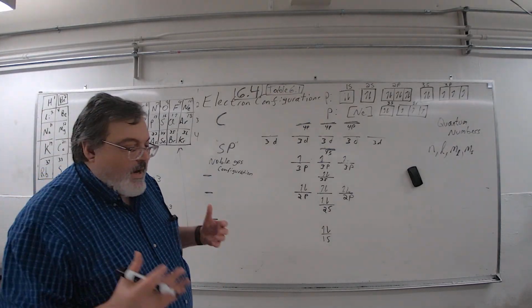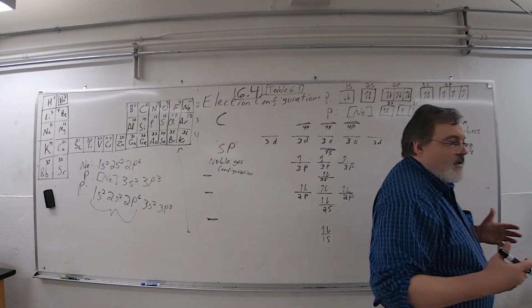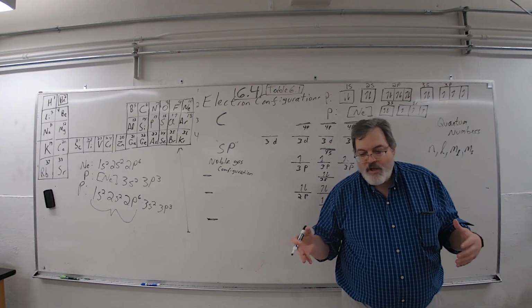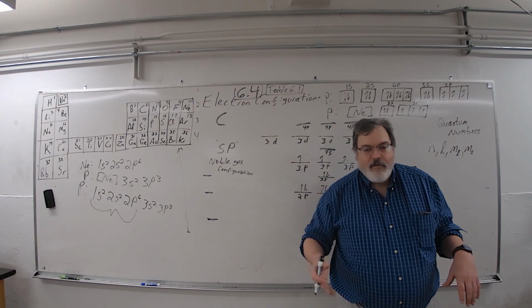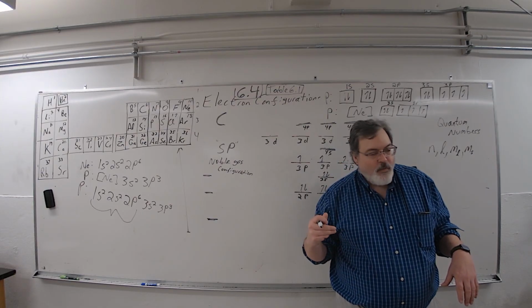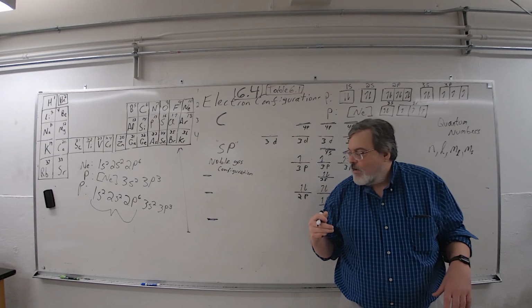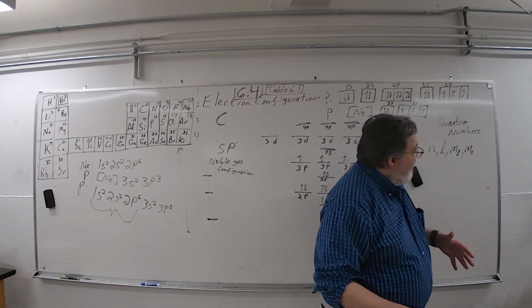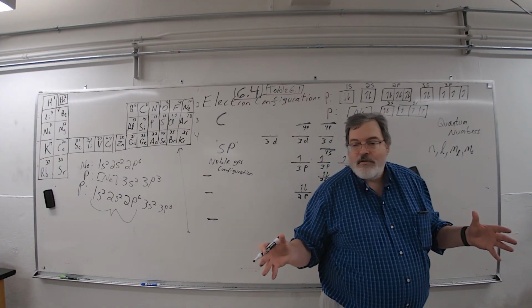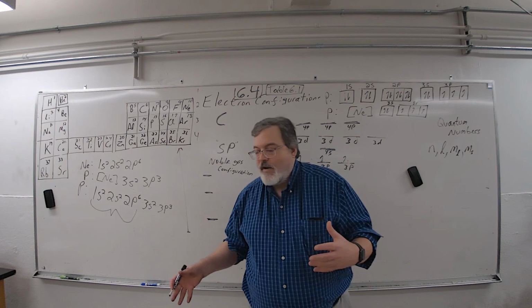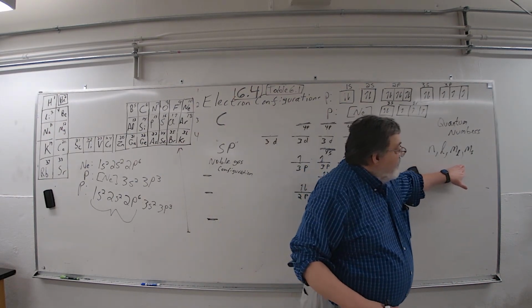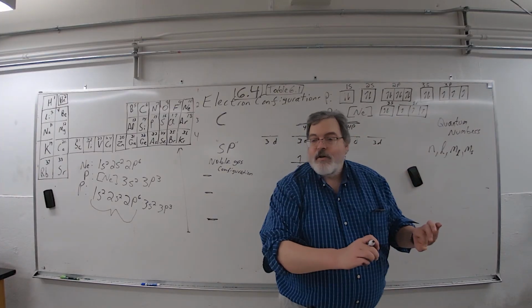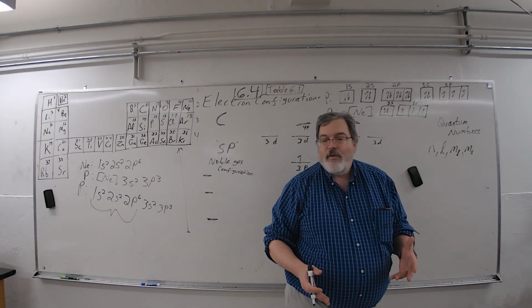Quantum mechanical equations are huge, unwieldy things that we won't do much. Maybe we'll do the energy one if we have time. But it's so non-intuitive. I even question whether we should even do it in 1211. But if you have these big unwieldy equations to find energy or find angular momentum of an electron or stuff, you use these 4 numbers, you plug them into the equation, and you actually calculate with it.